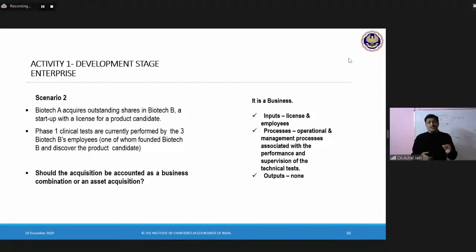But the important thing is, are the processes and inputs in a combined manner capable of generating any output or not? Yes, there's a capability. So that's why in respect of development stage entities, what do we say? We will say that even though there's no output, still, if this acquisition takes place, that will be considered to be a business within the meaning of Ind AS 103. Clear? All of you?